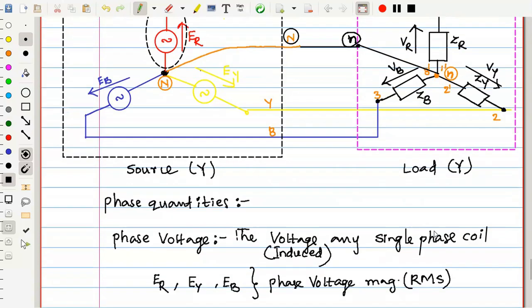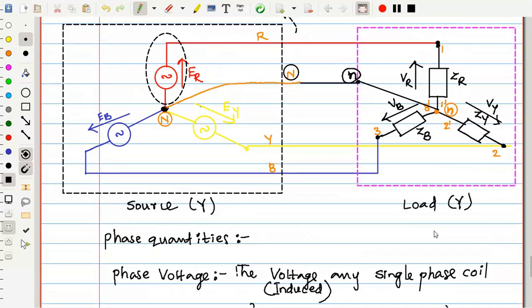Right. I want to point out some more observations here. Look at one of the coils, which we previously called coil 1. I just want to demonstrate only coil 1, then you can understand coils 2 and 3 also. Where is coil 1 exactly connected? Can I say that between the terminals R and N, between capital R and N, this coil is connected?